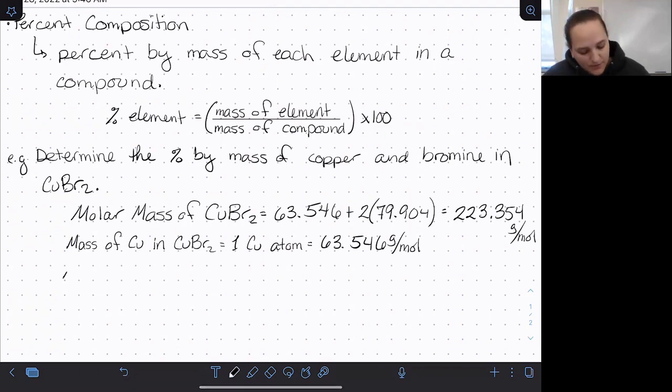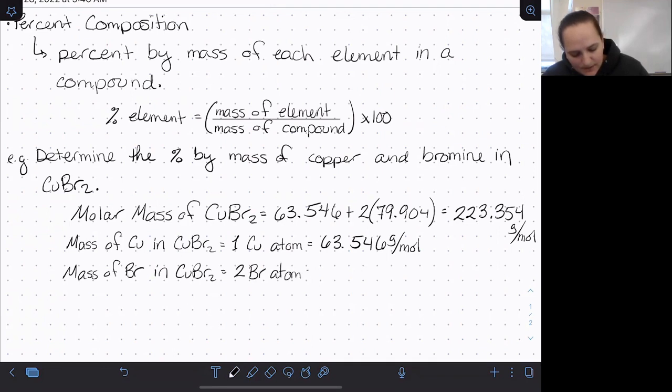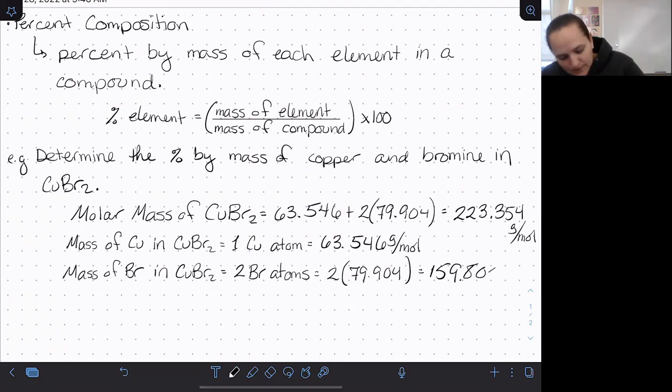The mass of bromine in this compound, there are 2 bromine atoms. Each bromine atom has a mass of 79.904. So the total is 159.808 grams per mole for our two atoms together.